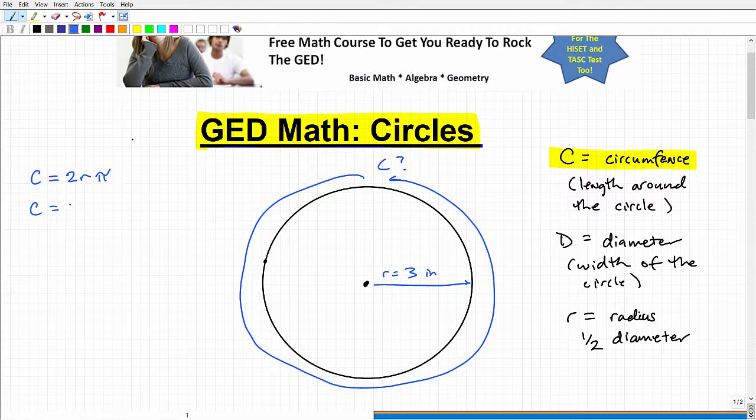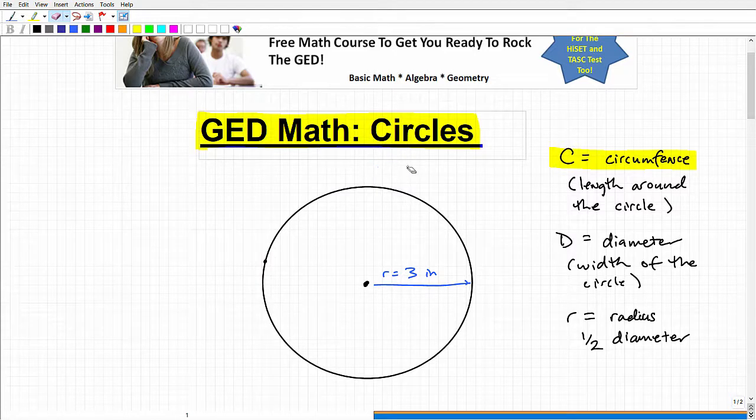So the circumference is 2 times 3 times pi, or the circumference is 6 pi inches, okay, long. And of course, you can replace the pi with 3.14 and get a decimal approximation. All right, this stuff is not hard, okay, but you got to start from the beginning. That's why I wanted to define the terms, etc. All right, let's talk about the next thing.